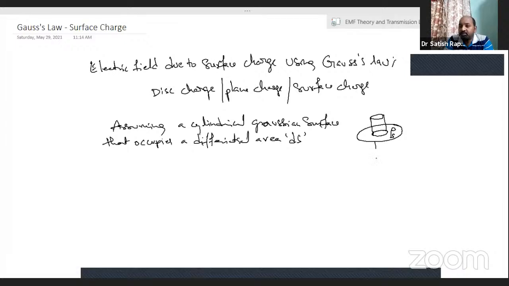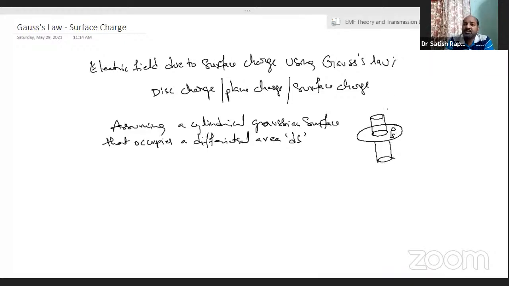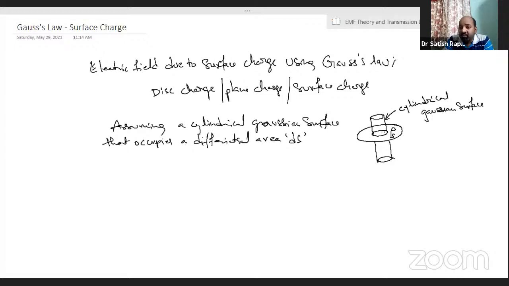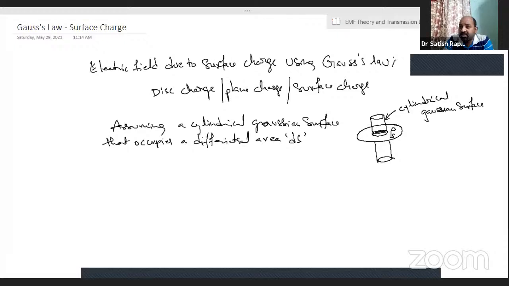A cylindrical Gaussian surface I have assumed, that occupies a differential area dS. This one.